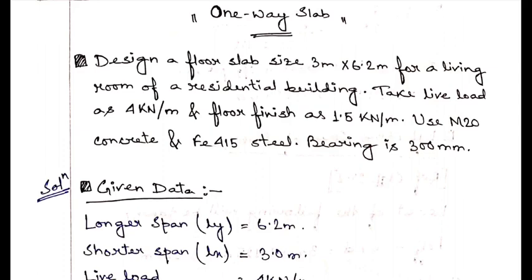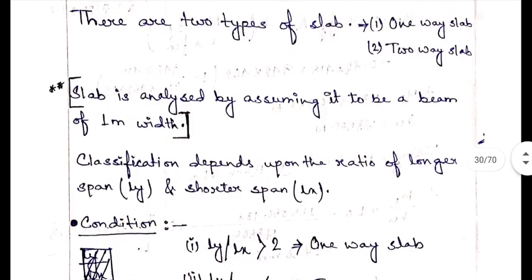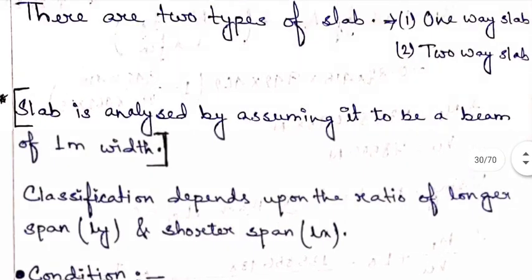One other thing which I forgot to tell you before, but before starting the design we have to know it: a slab is analyzed by assuming it to be a beam of 1 meter width.